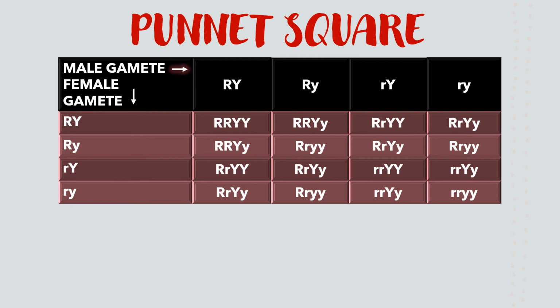I cross this and this, I will get this, RR dominant characteristics. Then I go to the next, where I will get capital R's, 1 Y and 1 small y. Similarly I will start with this one here and I'll get this answer. Finally I'll come with this into this will give me this, into the last one will give me this, and so joining or crossing the male gametes and the female gametes, we get 16 different combinations.